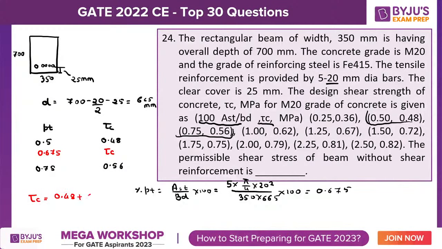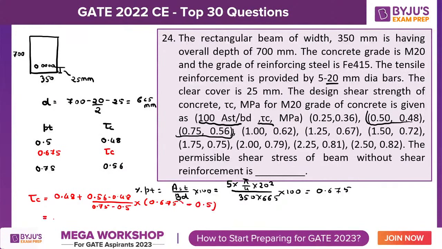Just use the interpolation and get the answer. 0.48 plus (0.56 minus 0.48) divided by (0.75 minus 0.5) multiplied by (0.675 minus 0.5).